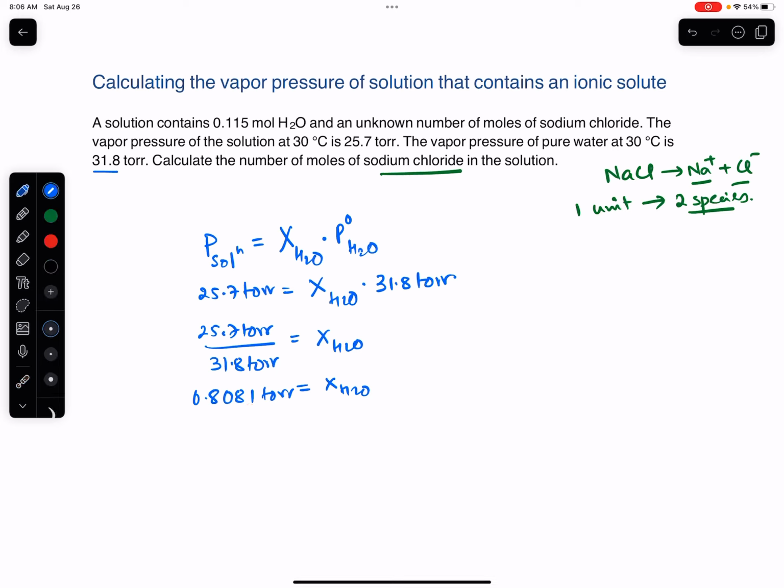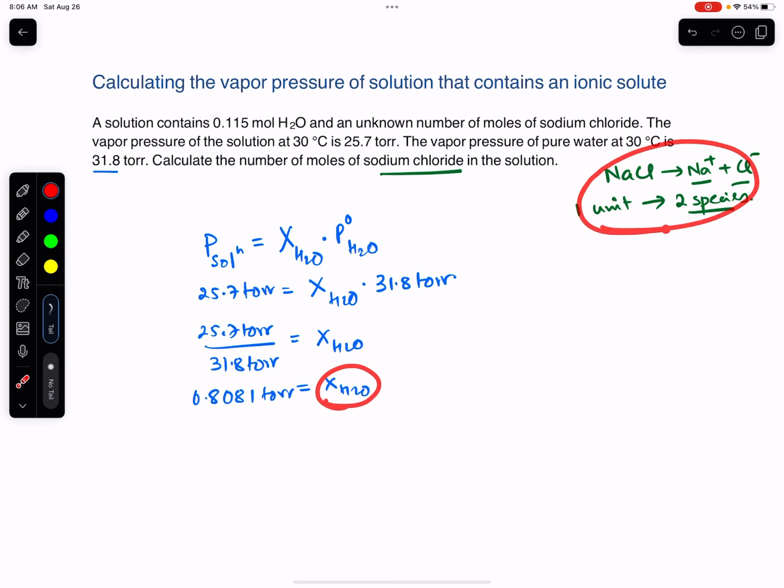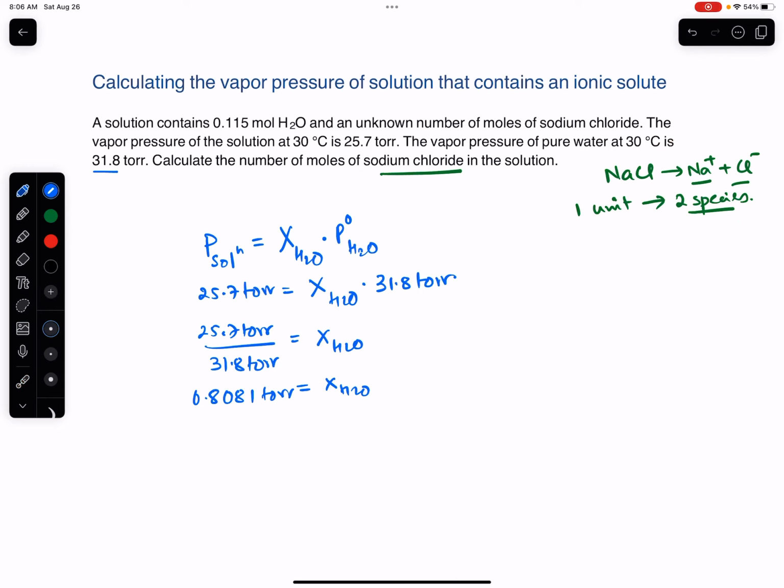All right, so the next step is to set up the formula for mole fraction, knowing that sodium chloride dissociates into 2 species. The mole fraction of water is the number of moles of water over the total number of species in solution.